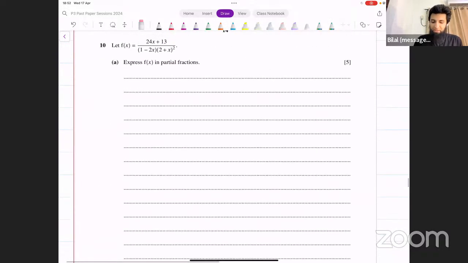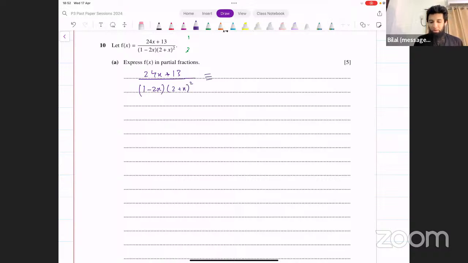These are partial fractions. First of all, you have to figure out whether the partial fractions are proper or improper. In this case, it's a proper fraction. 1 is the degree in the numerator, and in the denominator, the degree is 3. So what is the form of these partial fractions? 24x plus 13 divided by 1 minus 2x multiplied by 2 plus x whole squared.